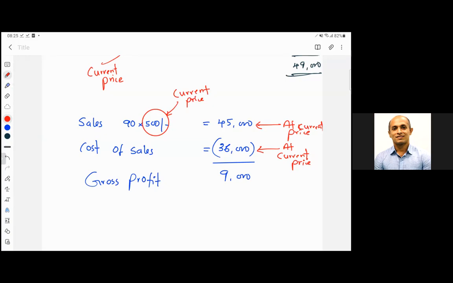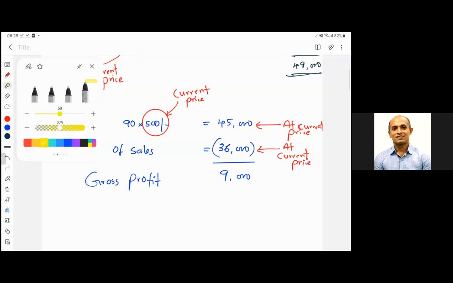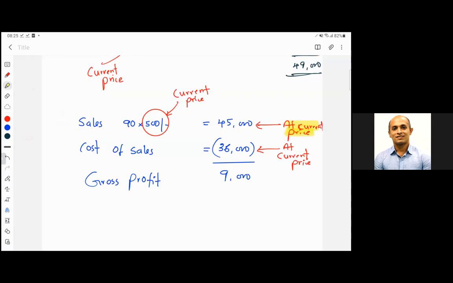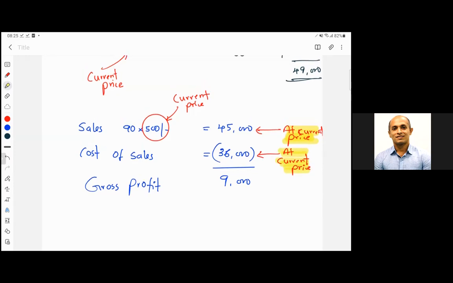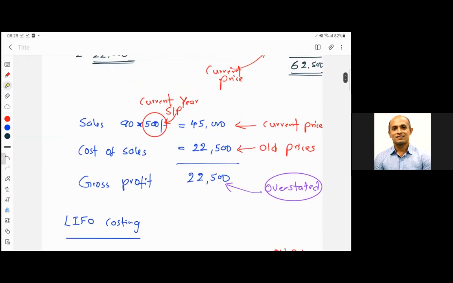Now you see your sales and cost of sales are on the same basis. Your sales are at the price during the year, and then you deduct cost of sales at the current price level. But if you see the FIFO method, cost of sales is at old prices, and the old price is lower than the current price.